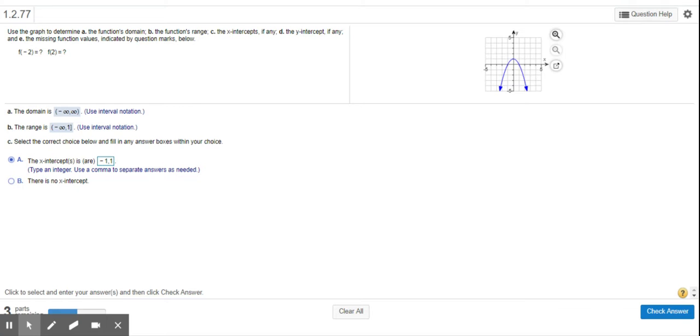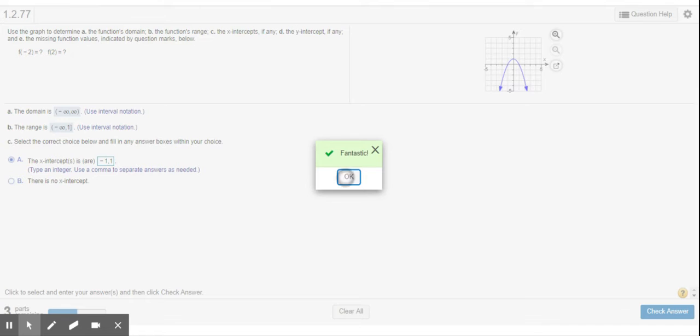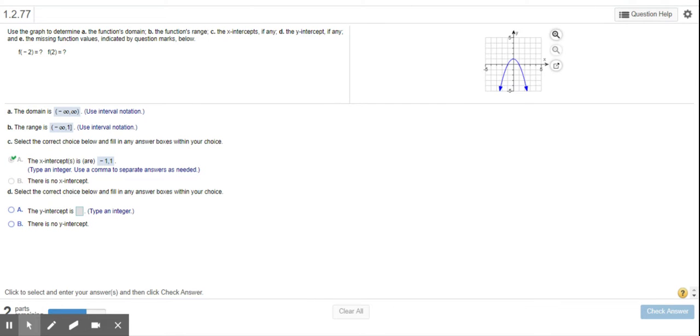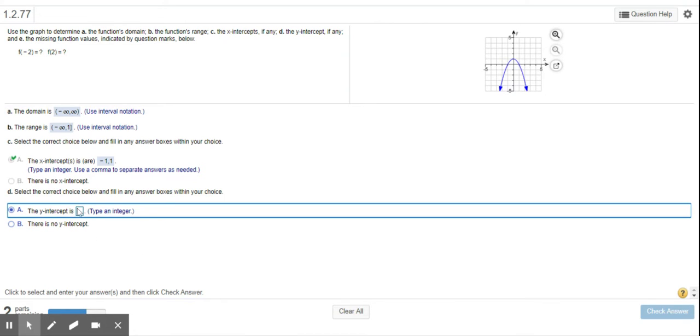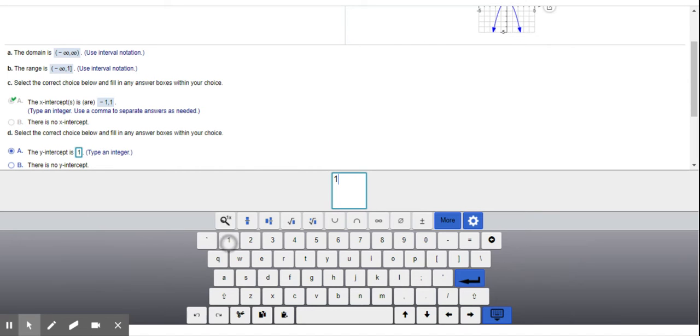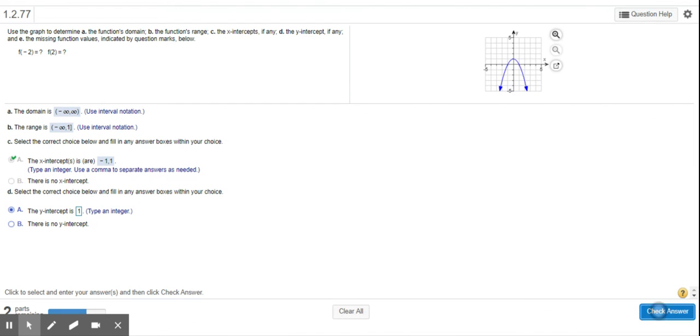So if you put 1 comma -1, that should be okay as well. Select the correct choice. All right, so the y-intercept is 1. But there's only one y-intercept, so I'm just typing an integer on that one. Okay, check my answer on that.